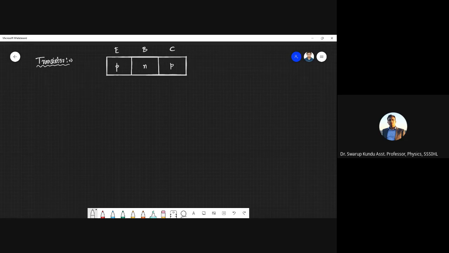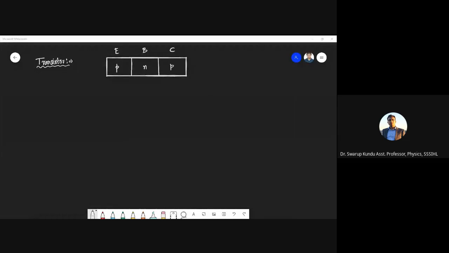Just the carriers, electrons and holes, change, but their properties are equivalent, not the same. If you understand the PNP transistor working principle, you can easily understand the NPN. This is a typical two-dimensional block diagram of a PNP transistor. It has basically three terminals, right?